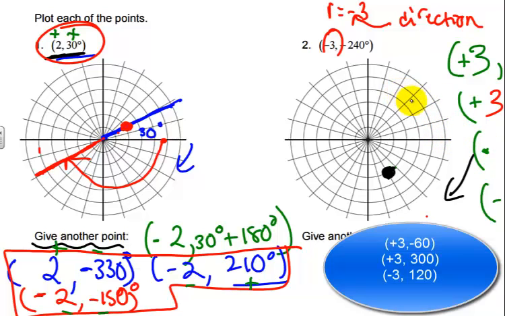So that means that I need to have my terminal side be the alternate angle, because I have that negative radius. So I have a -3, so that means I actually need to stop on this terminal side and then count in the opposite direction. So we have that 60 degrees here, so 180 minus 60 is going to be 120 degrees. And then we already have that last one.